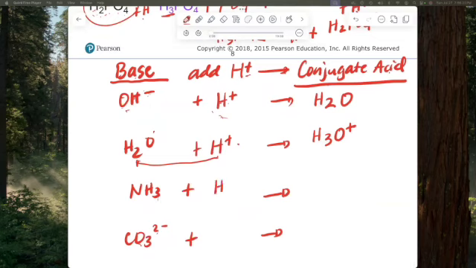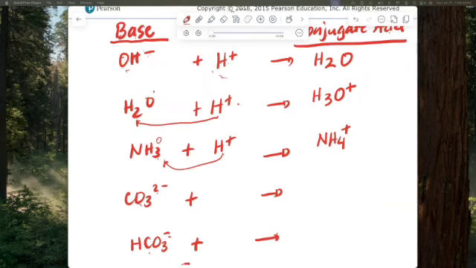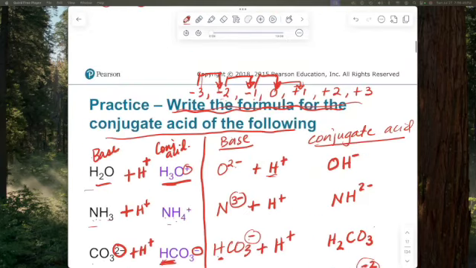Same thing here, H plus, this adds to here, and H4, and this goes from 0, right, to positive because we're going to the right, +1. The 1 is implied. Okay, then here when you add that here, it goes HCO3. This goes from -2 to -1 because we're going to the right of the number line.